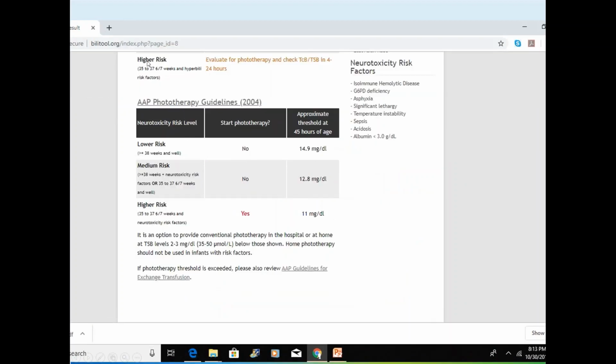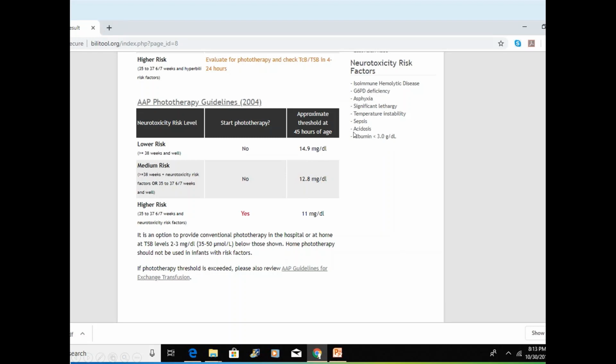So moving on to the next part of the Bilitool readings, it gives us the phototherapy recommendation, and here we also have the neurotoxicity risk factors to the side, which will guide us. So basically anything that increases the free bilirubin in the blood or affects the blood-brain barrier. So you have isoimmune hemolytic disease, G6PD deficiency, birth asphyxia, significant lethargy, temperature instability, sepsis, acidosis, and low serum albumin.